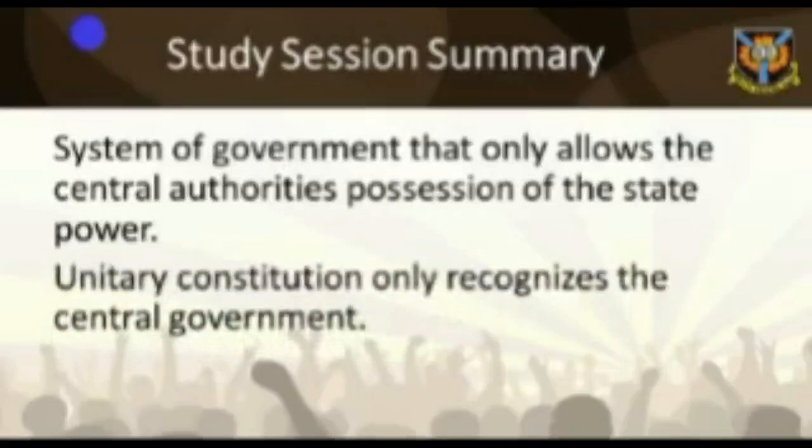The regional governments enjoy only the power delegated to them by the central government. There are several features of the unitary system, which include centralization of political power at the center, making of laws for the whole country by the central parliament, amongst others. The system also has a number of advantages, but it is plagued with shortcomings.